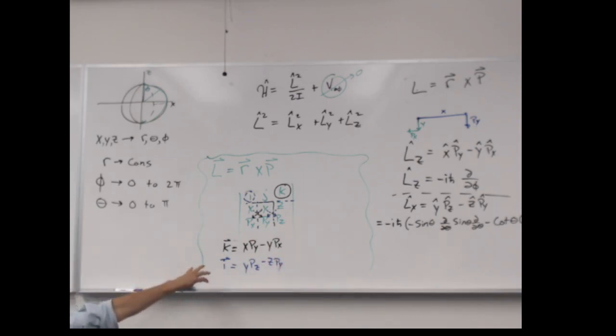And again, I'm not putting hats on these because we can do this with classical vectors as well. This is just generally classical or quantum mechanical. We can treat it that way. The whole point of this is if there's a classical version of it, we can make a quantum version of it.